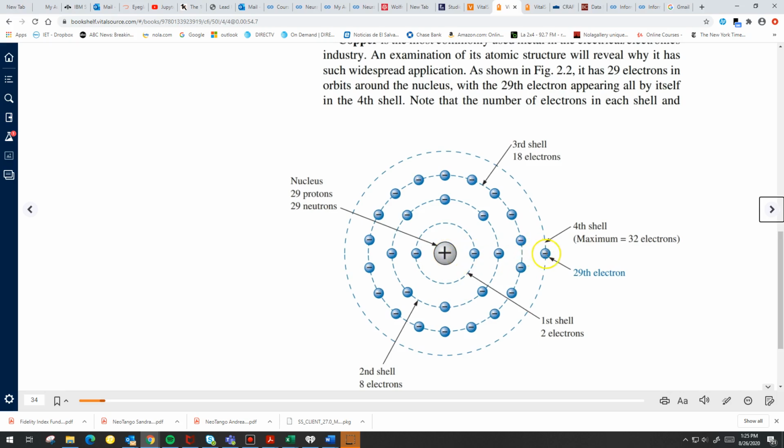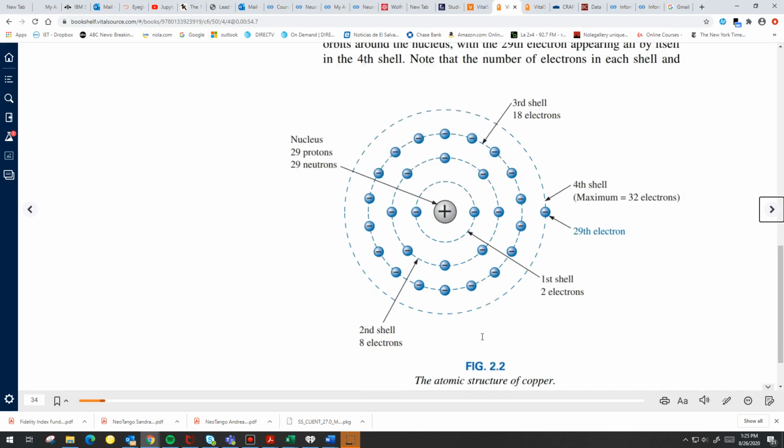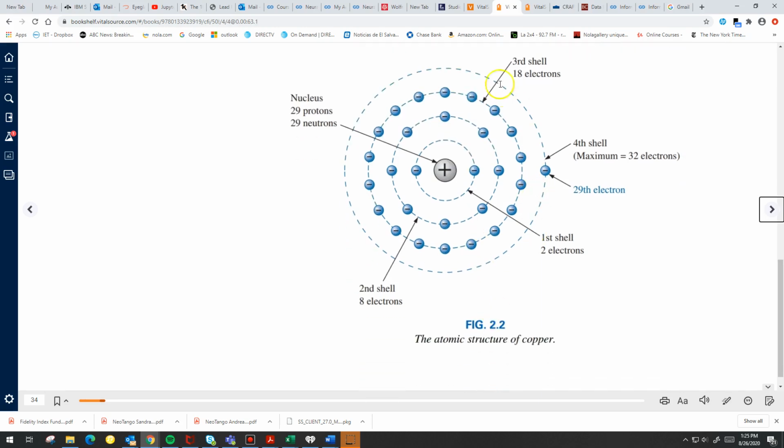And so the force of attraction for this last shell is going to be really weak, or at least weaker than the other shells. What that means is that in the copper case, this electron here can easily be set free, if you will, if we put another charge closer to this outer shell.